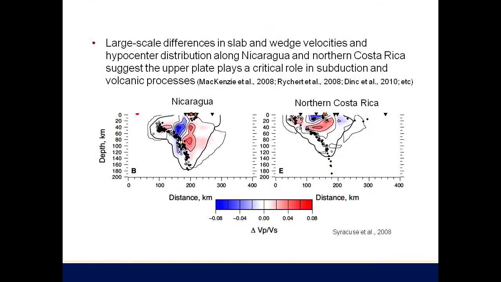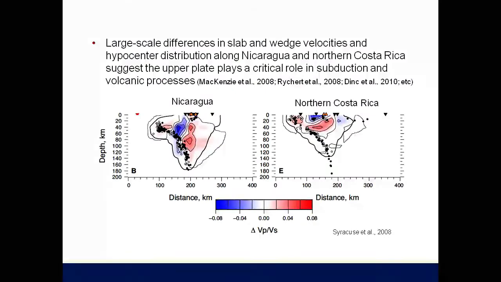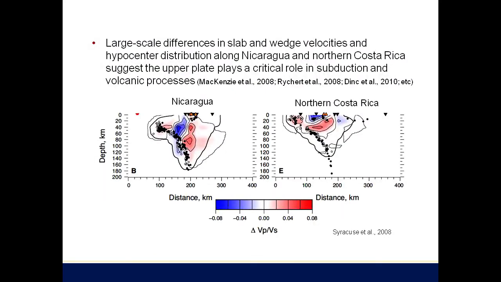We've also seen large-scale differences in slab and wedge velocities. So what do I mean by that? Here again, Nicaragua and northern Costa Rica. This was a passive source seismic study interested in looking at, again, if there were velocity and attenuation differences between northern Costa Rica and Nicaragua, which would help explain the arc geochemistry.